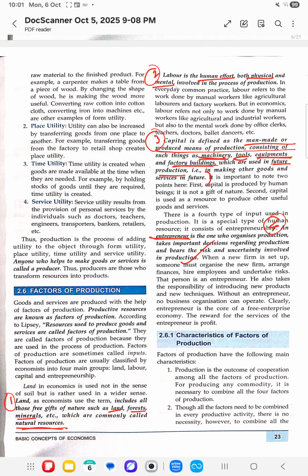So instead of reading the entire chapter for hours, you sit with your book, mark the important places from where questions can come, and read them again and again and again. Okay, that is how you study eco, because this is a very theoretical chapter right now for you guys. So you have to have the concept. Instead of reading every line and getting bored of the chapter, you mark the important areas which you should be knowing and read them again and again and again, okay, before your exam.